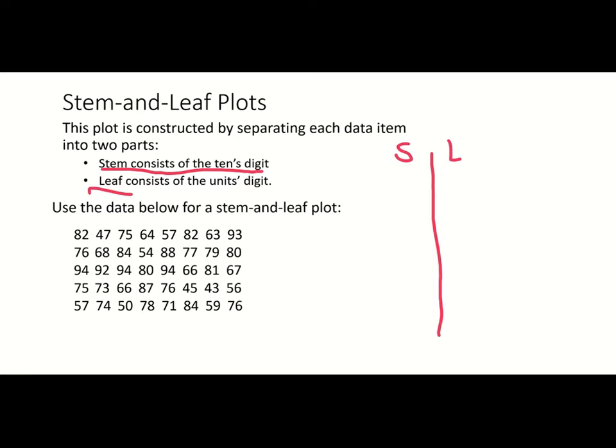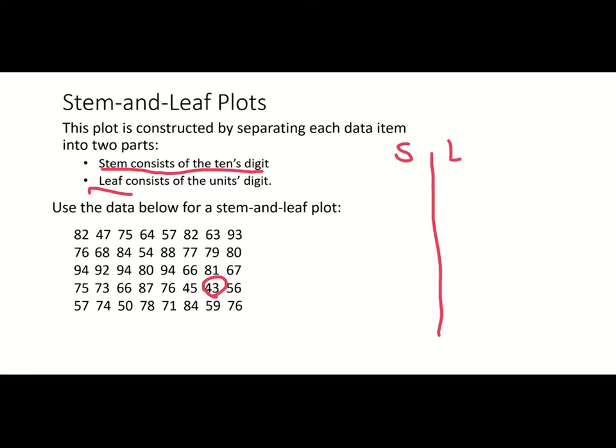So here, the first thing you want to do is find the lowest and the highest values. Let's see here. I do see there's a 43. I don't think I see anything lower. And then my highest, I do see 94. I think that is the highest.